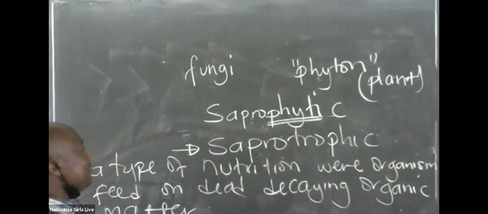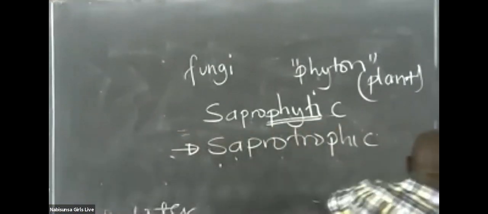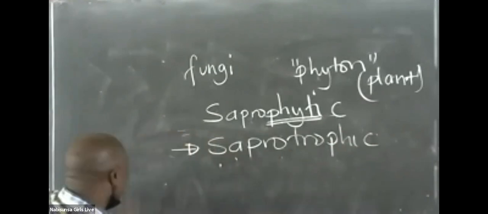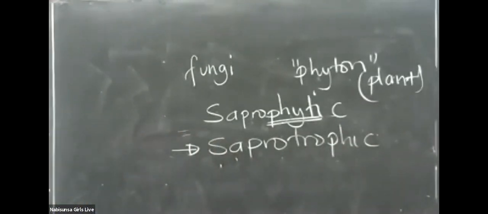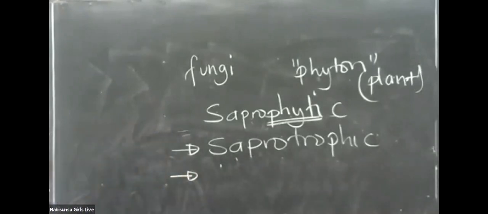So this one I can remove, because we said we are looking at forms of heterotrophic nutrition. So far we have looked at one, saprotrophic nutrition. Then which is the other? Someone who can give us another?